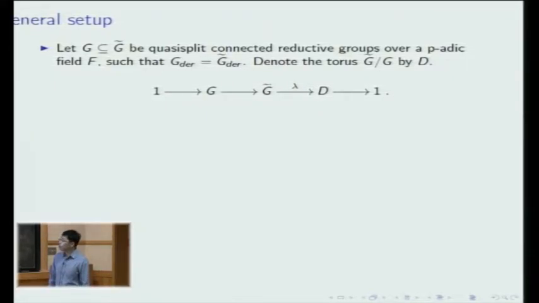And so the quotient will be a torus, and we denote it by D. For example, you can take G to be SLN and G tilde to be GLN, then lambda will be the determinant map. Also, the main case will be G is the symplectic group, and G tilde is the general symplectic group, GSp, and lambda is the similitude character.